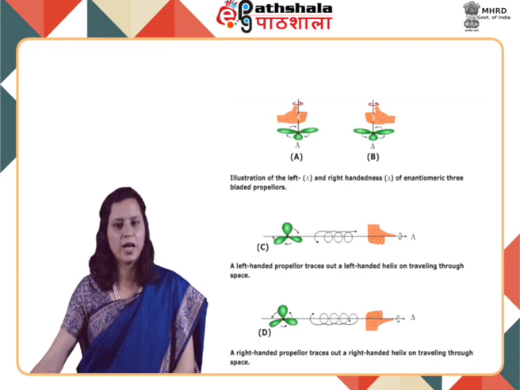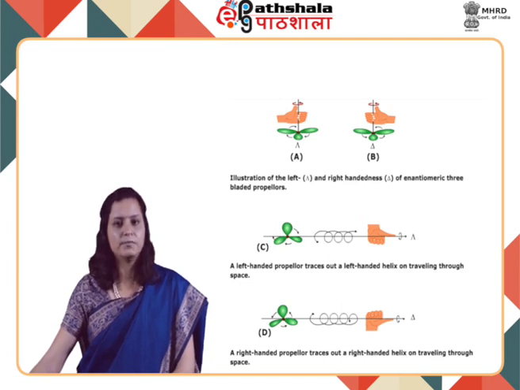If we fix our eye on one blade, that point will describe a helix as the propeller rotates while moving through space. The two propellers here are different in their direction of rotation. The first propeller describes a left-handed helix, however, the second propeller is a right-handed helix on moving through space.